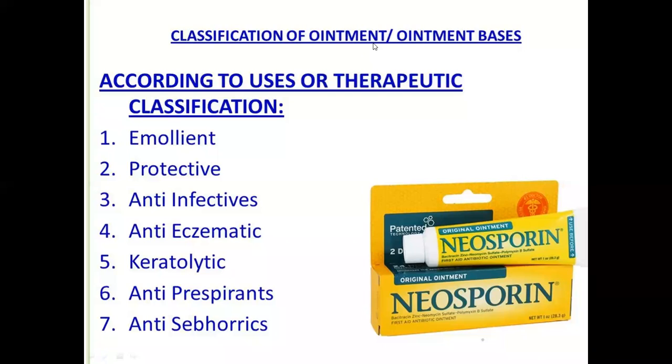The next point is the second type, endodermic ointment. Endodermic ointments are the ointments intended to release the medicament and penetrate into the skin. Epidermic ointments do not absorb into the skin, as compared to endodermic ointments. Endodermic ointments release the medicament and penetrate the skin.